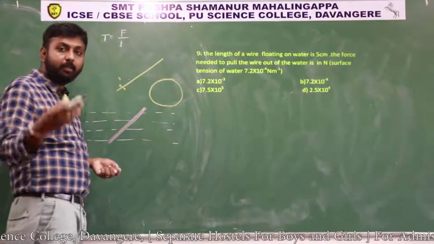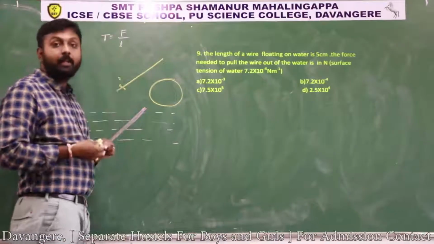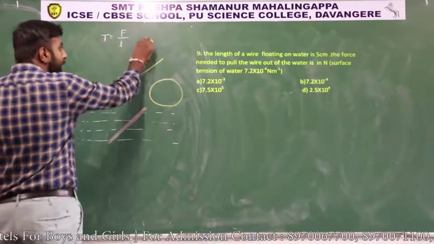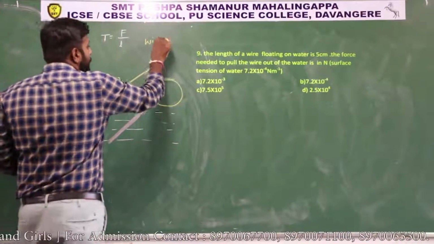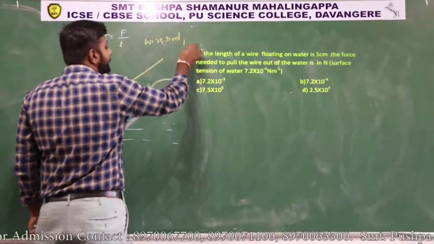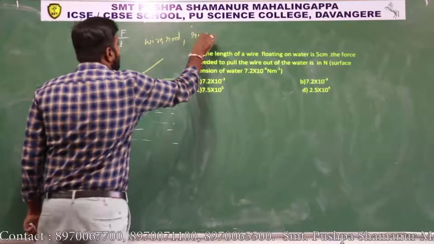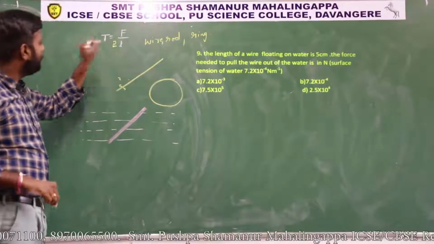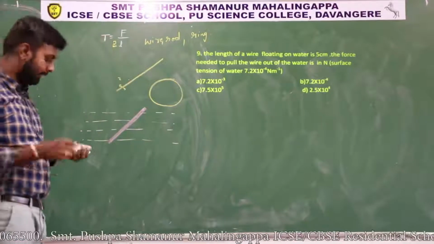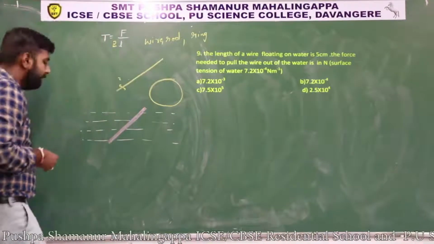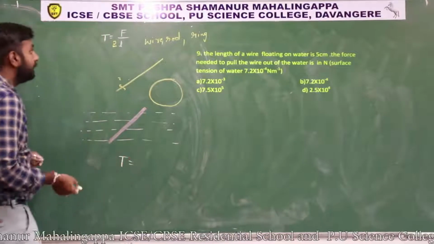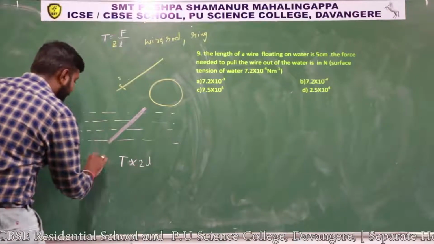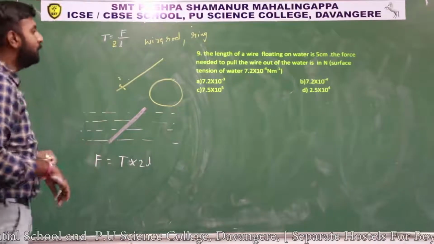You have to consider two surfaces in case of wire and in case of ring. For that, in the formula, especially for wire, rod and ring, the effective length becomes 2L. Remember this one, T is equal to F divided by 2L. Then we will substitute the values and calculate the force. F equals T into 2L.